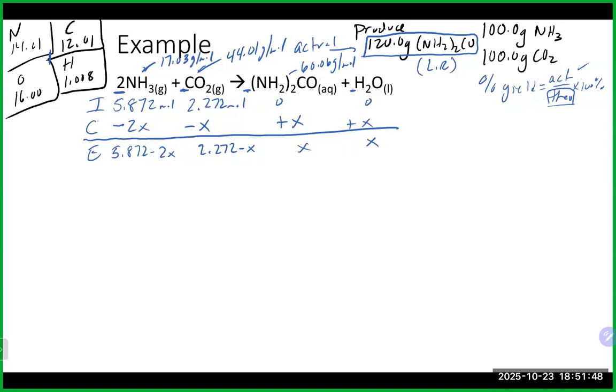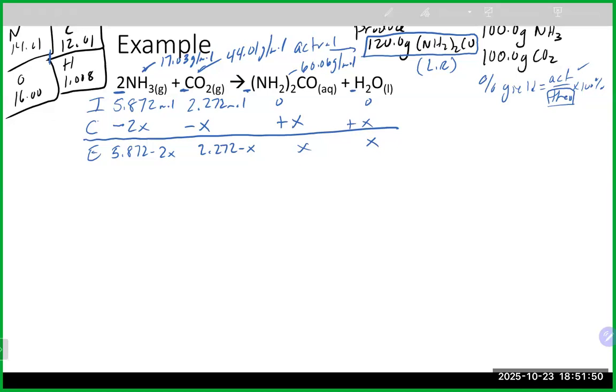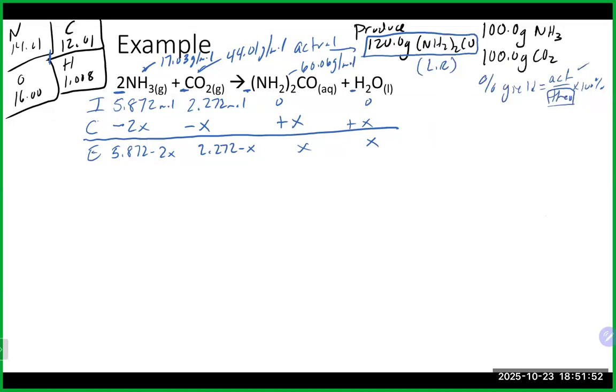All right, so remember at this point, we can now just do a pretty straightforward calculation to figure out the limiting reagent. Just going to set everybody here on the reactant side equal to 0 and solve for x. That would give us, in this case, 2x is equal to 5.872. Dividing the 2 to the other side will give us an x value for this one of 2.936 moles.